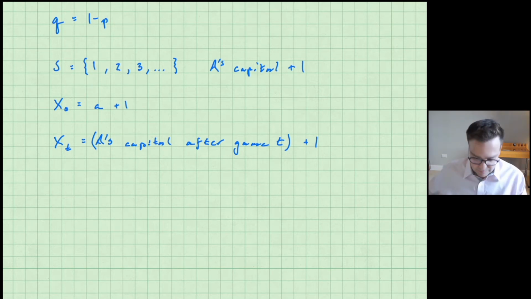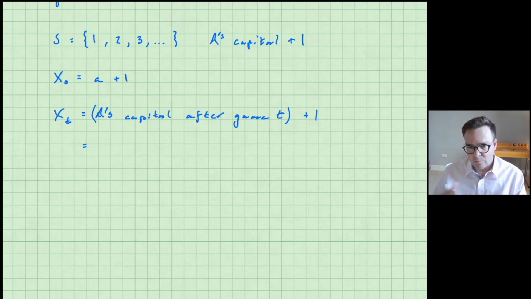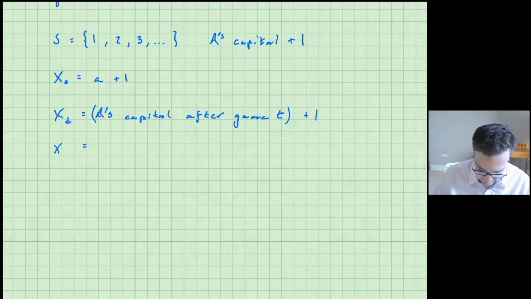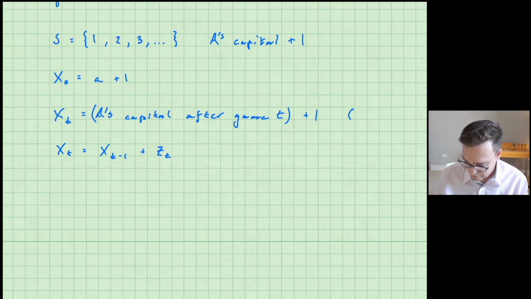And so another way to write this is in terms of the random variable that represents the winning or losing of the game by player A. We say x sub t is equal to the previous one, x at t minus 1, plus z sub t, capital Z. And so in this way of doing things, we're requiring t be greater than 0.